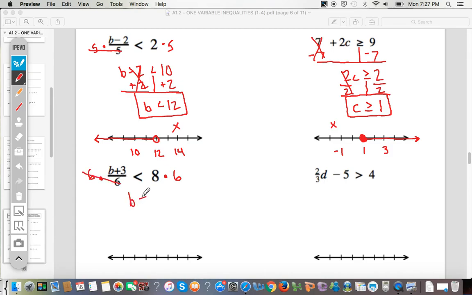I have b plus 3 is less than 8 times 6, which is 48. Draw my t. Subtract 3 on both sides. So I have b is less than 45.